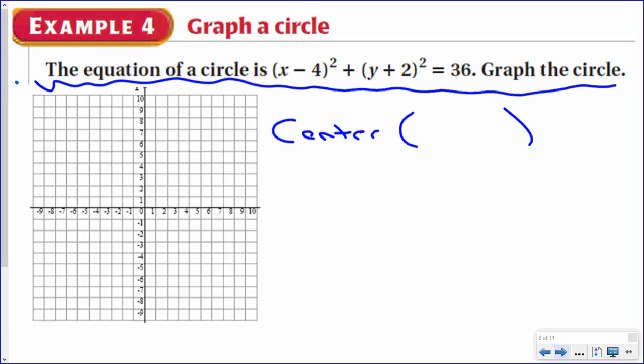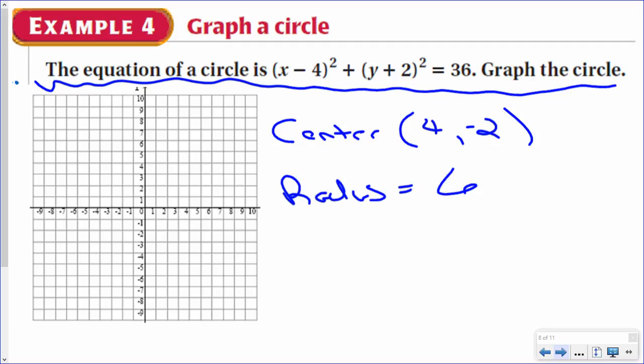The center is located at 4, -2, because we're pulling them back out of the equation and actually writing down where the center is. The radius is 6, because the equation has r squared on the end, so r squared equals 36. The square root of 36 is 6.